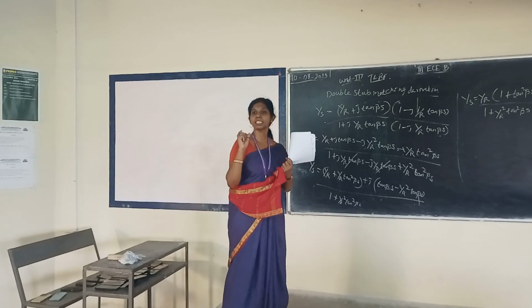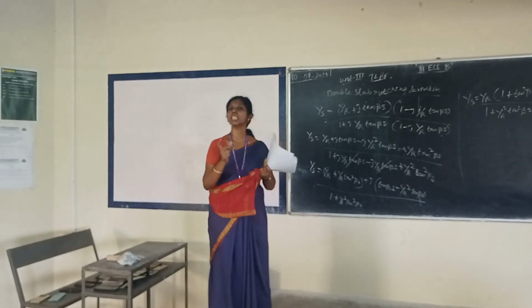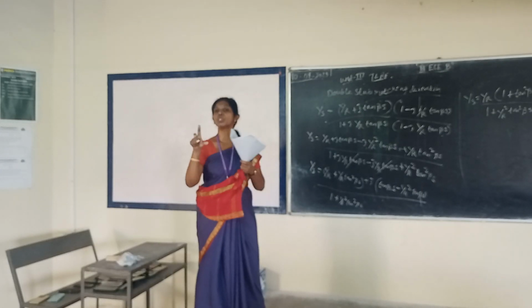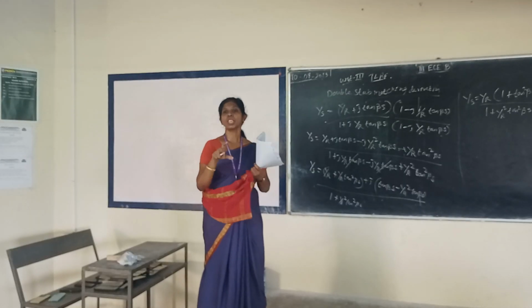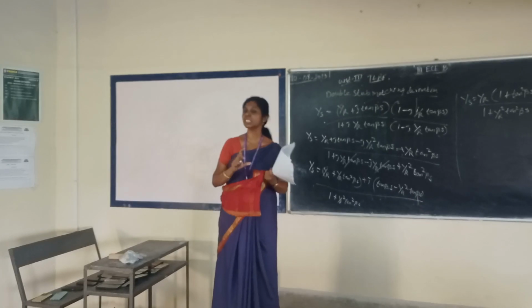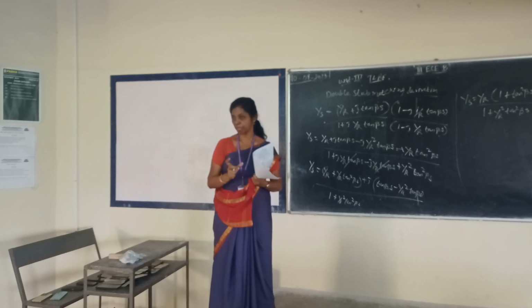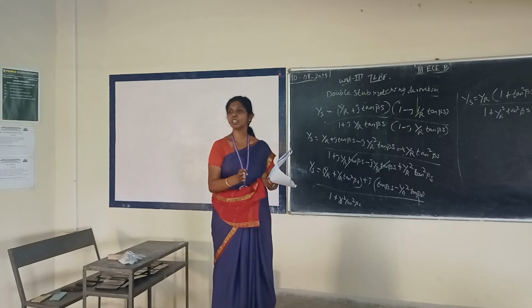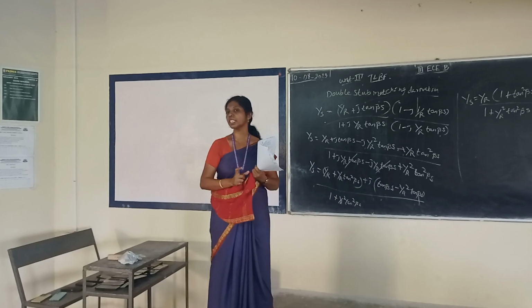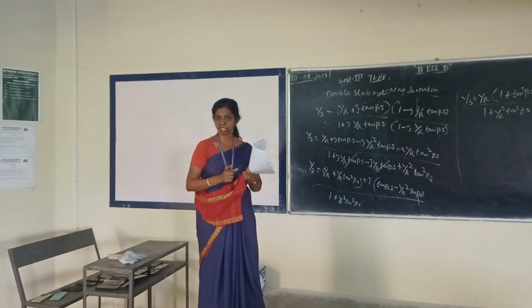So there is a mismatch in the load impedance with the characteristic impedance. So to match the characteristic impedance with the load impedance, we are connecting the stub. That is the purpose of connecting a stub. So whenever we are placing something, at which distance we have to place and what should be the size of that is very much necessary, right?